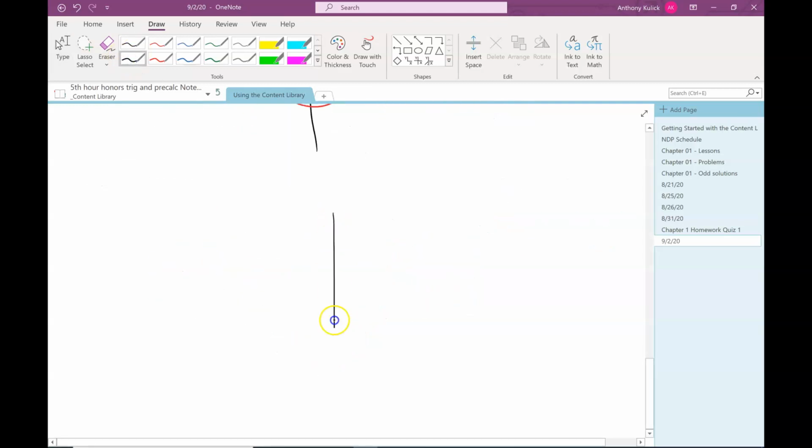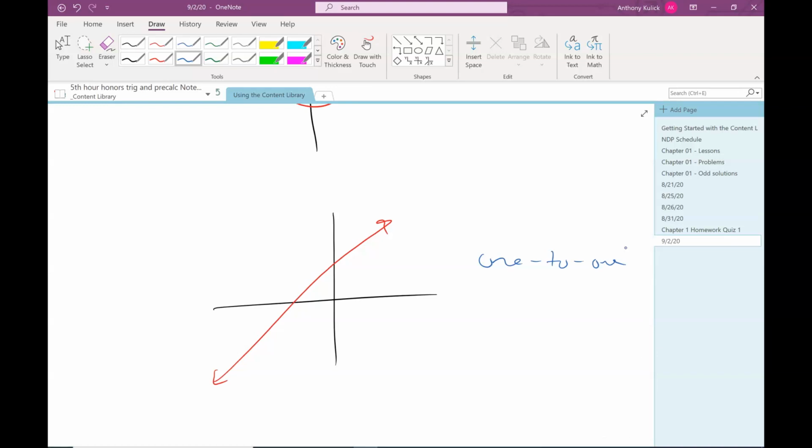As opposed to, say, something like this, that certainly is one-to-one, right? There's no horizontal line you can draw that's going to intersect that graph more than once. Okay with that?